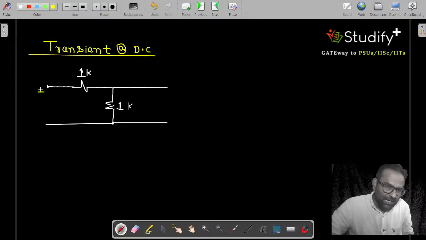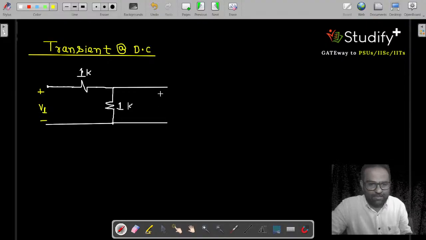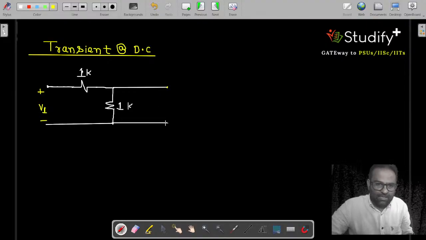We say this voltage is V1, any voltage you can apply at this point. I am considering this terminal as the V output terminal, and I calculate the open load voltage across it. This is V out.